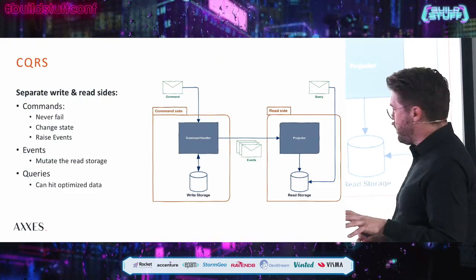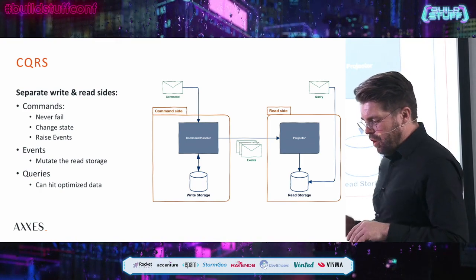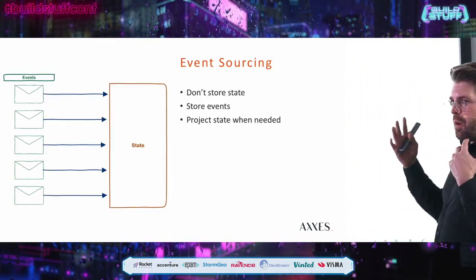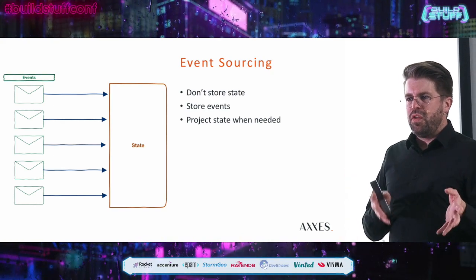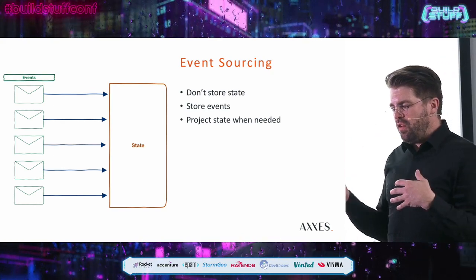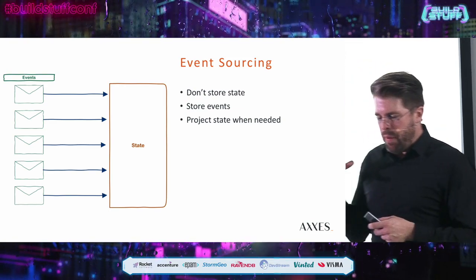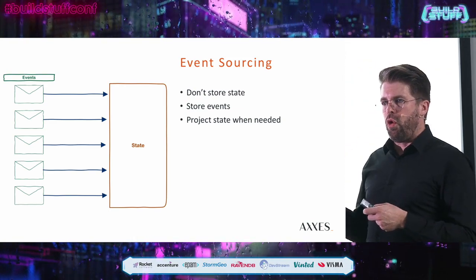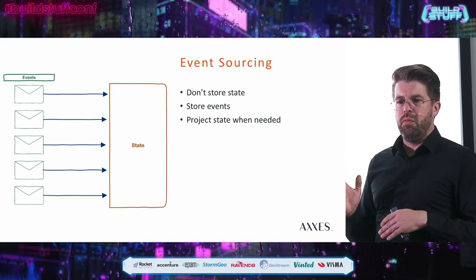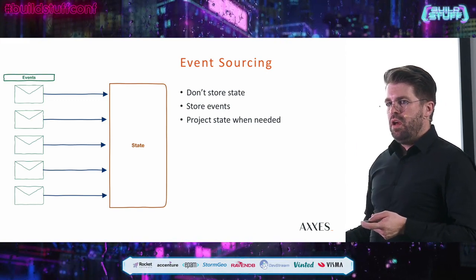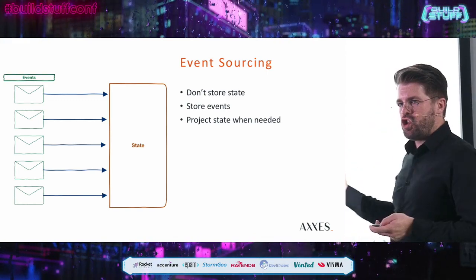But the cool thing is that if we can performance tune all this, and I need to go forward, if we combine this on the command side with event sourcing, it becomes even more interesting. And event sourcing is a pattern where we're not going to store the current state of the system, but we're going to store all the events that led up to that state. The common example for this is a shopping cart, right?